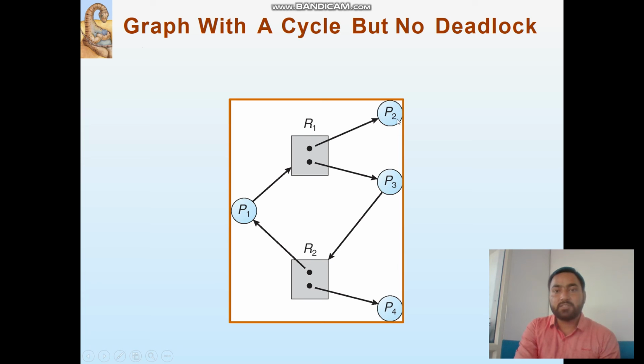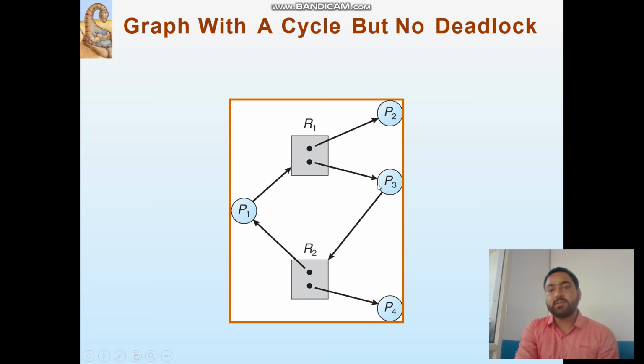Process P2 doesn't require another resource for its execution, so it will complete its execution with resource R1 and release R1. When R1 is released, its instance will be allocated to process P1, which is requesting it, and it has an instance of resource R2, so it will complete its execution.